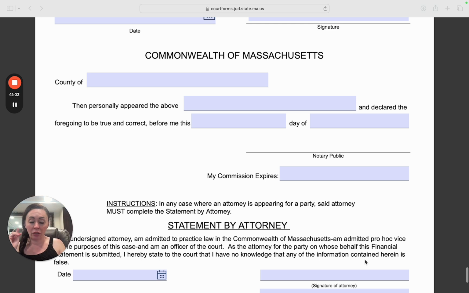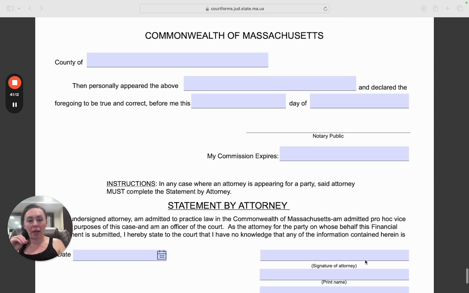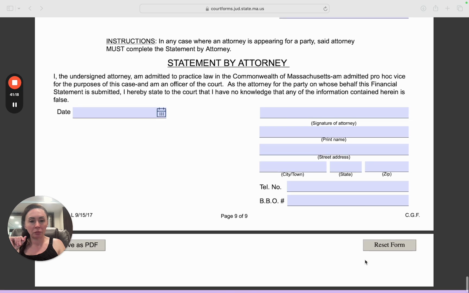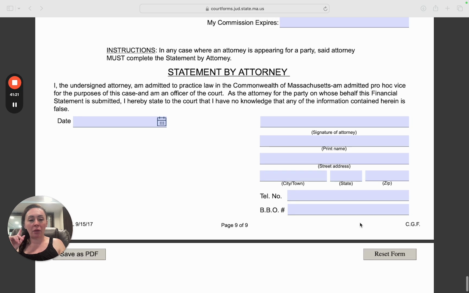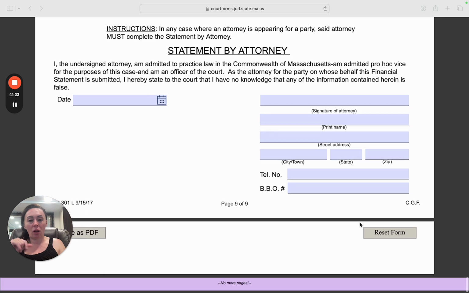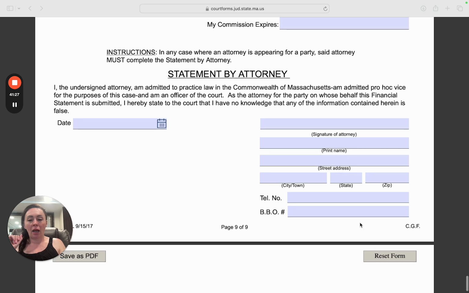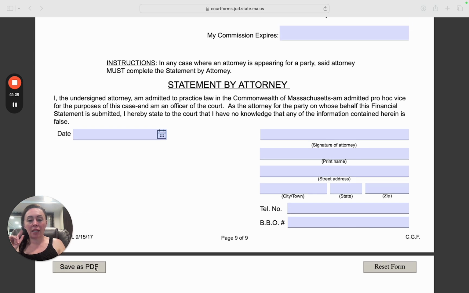If you have an attorney, your attorney in all likelihood is a notary and can notarize it for you. If you don't have an attorney, you'll have to take it to a bank or some other notary outfit where they can notarize your financial statement for you. And then if you have a lawyer, your lawyer will be signing off on this last section down at the bottom of page 9.